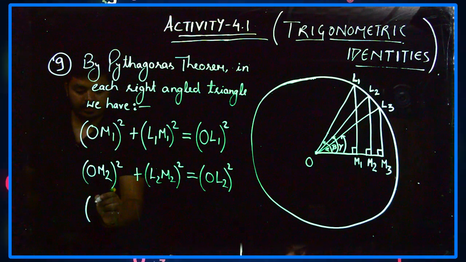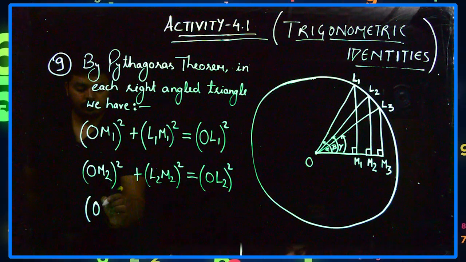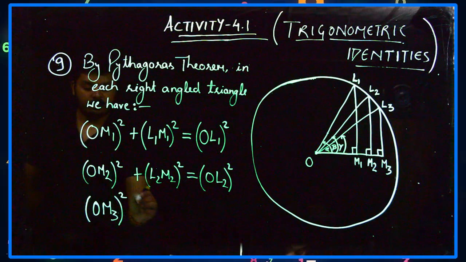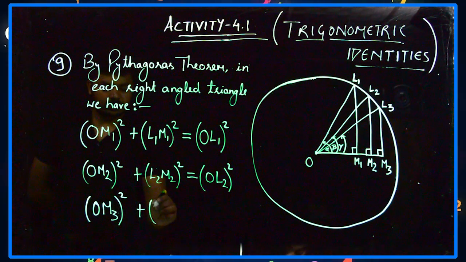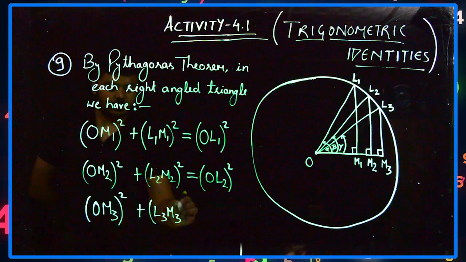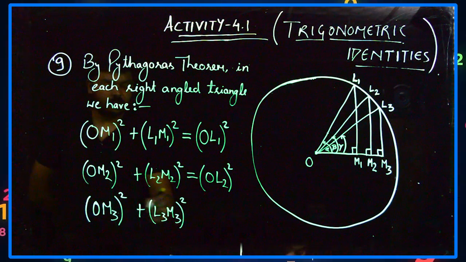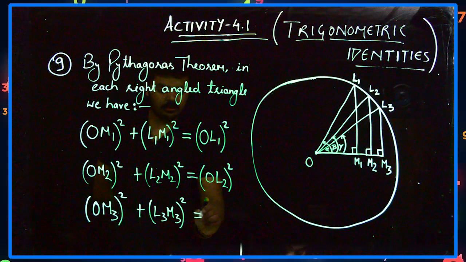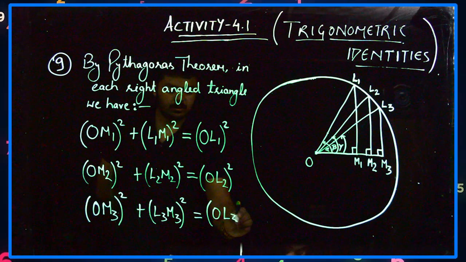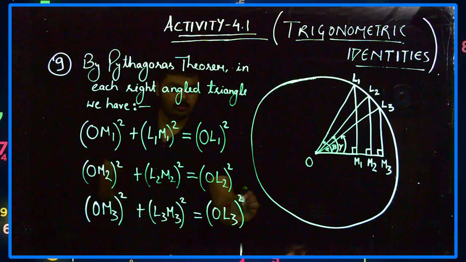Now the third right angle triangle, OM3 square plus L3 M3 square, that is perpendicular square, is equal to OL3 whole square.